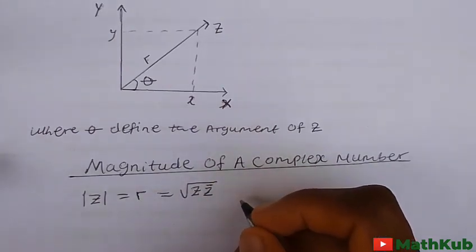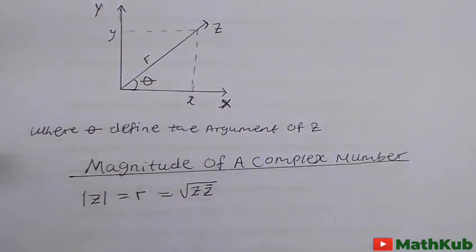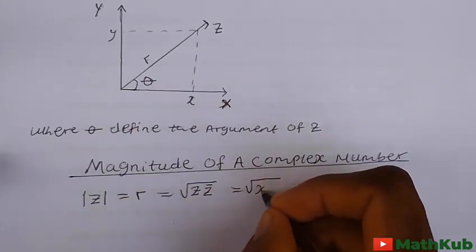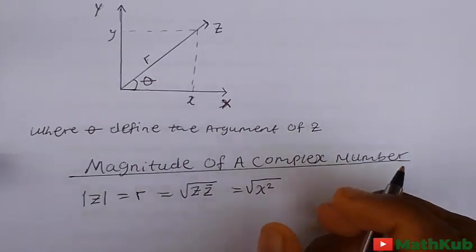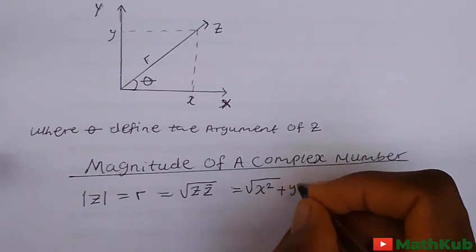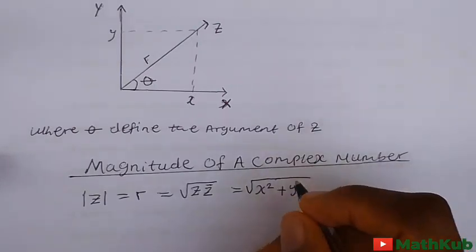And we established in this class that multiplying a complex number by its conjugate gives you a real number. Multiplying any number by its conjugate, you have the square root of x squared, you take the first term and square it, plus you square the last term, which is y squared.